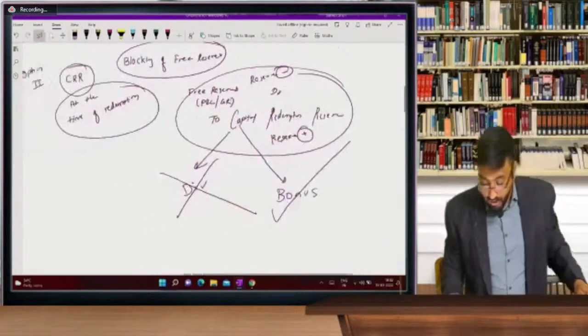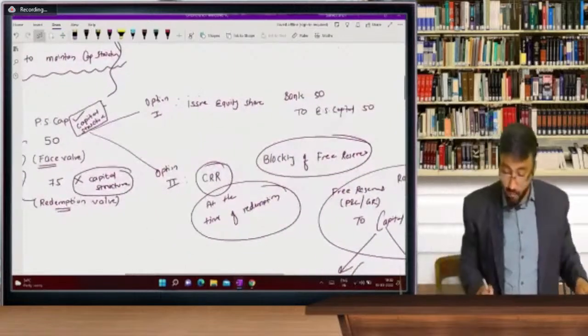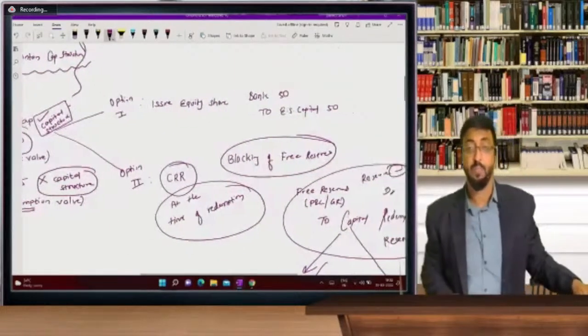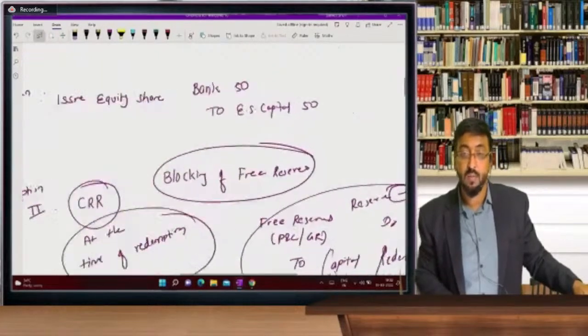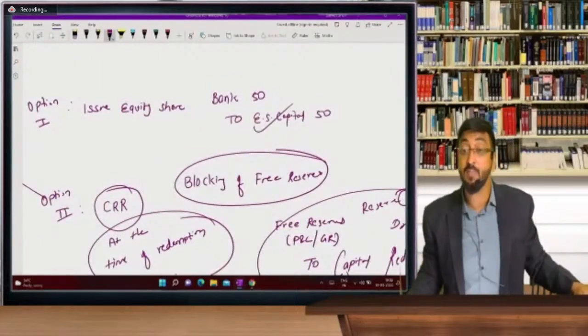Ayush Goyal ji, we have 2 options to maintain this 50 rupees. First option, we raise equity share capital, so our capital will be increased by 50.